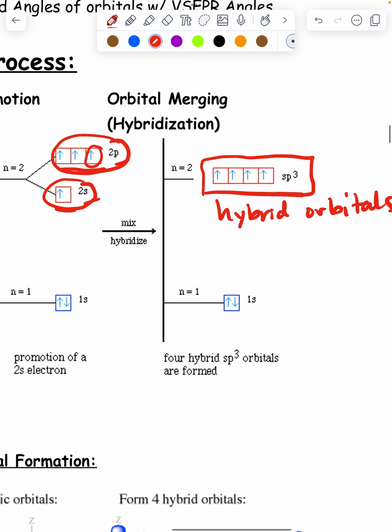So notice that the number of orbitals is the same: 1 s plus 3 p equals 4, and we still have 4 orbitals afterwards, and now they're all equal. And so we name this type of hybridization sp3. It just describes which orbitals went into making them, 1 s orbital and 3 p orbitals.